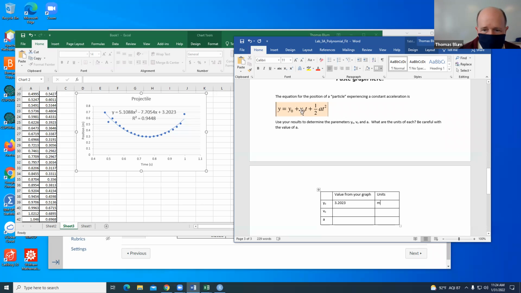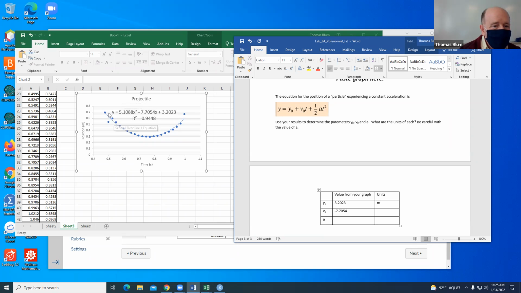The next term I'm going after is the V0, and it's the linear term. It multiplies t, which over here is x, and so that's minus 7.7054. And that number multiplied by an x has to give me a y.